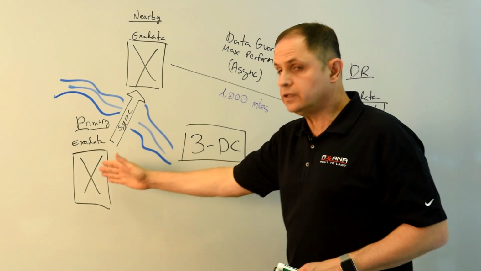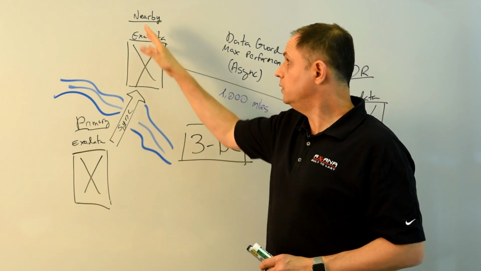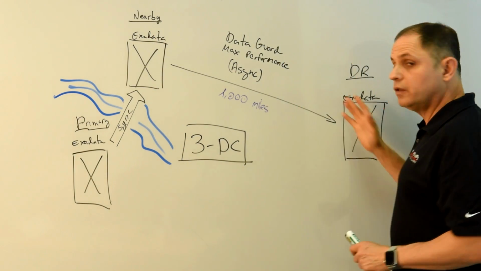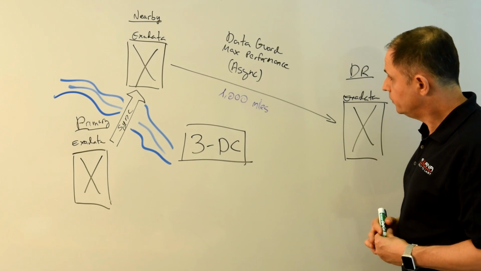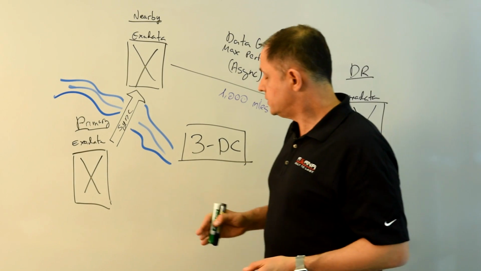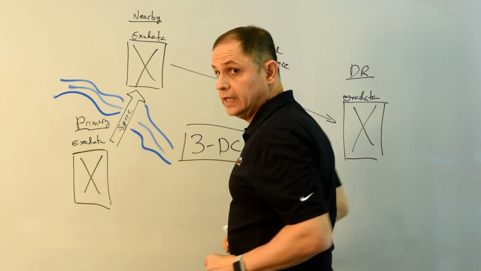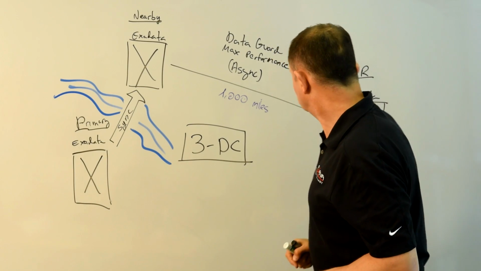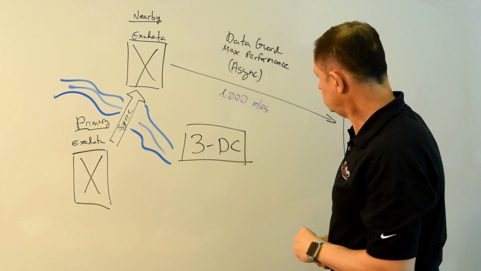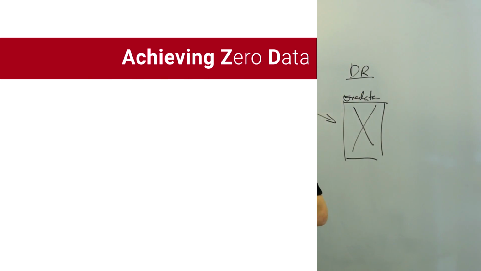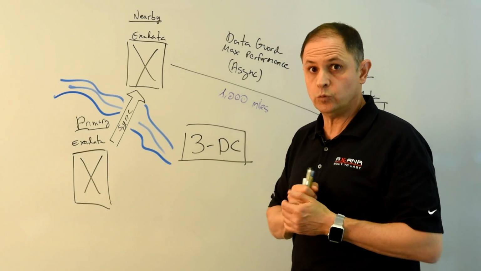So we have one Exadata in the primary, another Exadata in the nearby data center, and another Exadata in the DR data center. As you can see, this entails a synchronous line here, a whole data center here, 3 setups of hardware in order to try and achieve zero data loss. Tremendous cost, but still a scenario that would work.